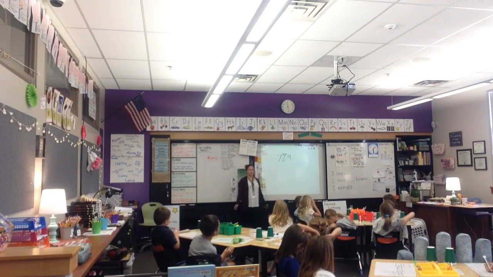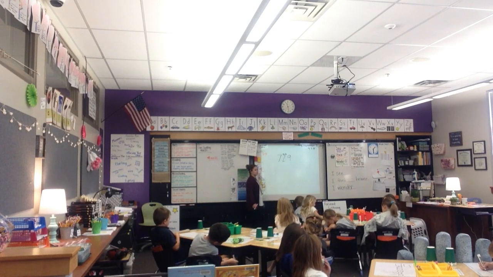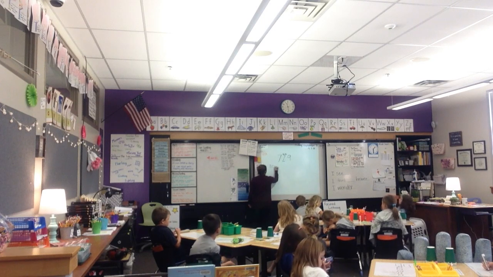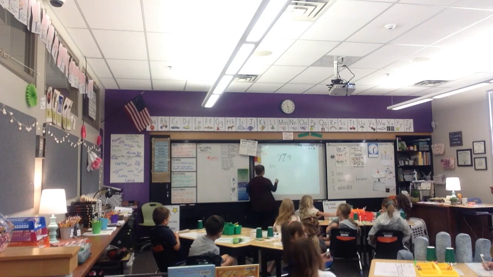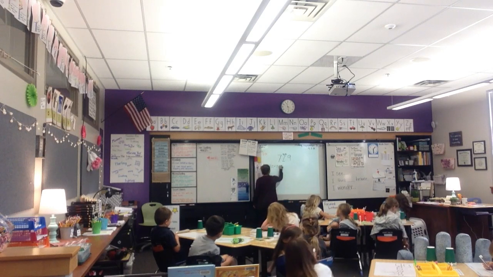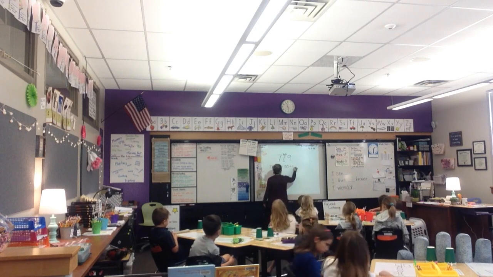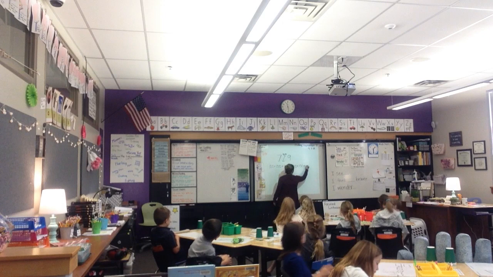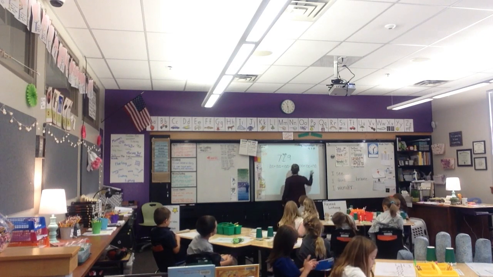Okay. So, I'm going to write out 7 100s, right? Does that seem like a lot or a little? A lot? Okay. So, 100. Can you count with me so I can keep track of how many hundreds I'm writing down? So 1, 2, 3, 4, 5, 6, 7.